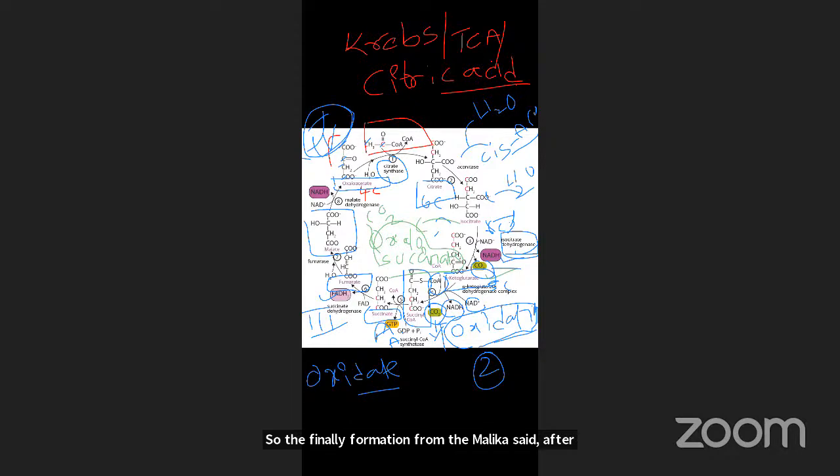This cycle starts with oxaloacetic acid combining with acetyl coenzyme A and ends with formation of oxaloacetic acid, the 4-carbon acid. This is one turn of the Krebs cycle.